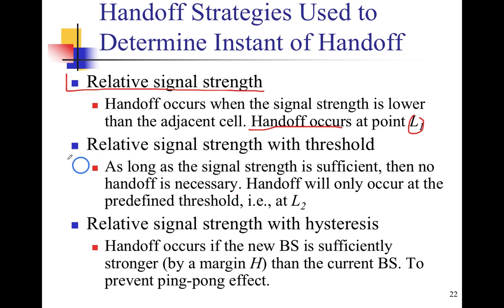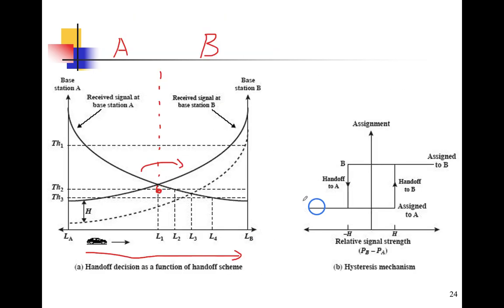But if using the second one, relative signal strength with threshold, as long as the signal strength is sufficient, no handoff is necessary. Handoff will only occur at the predefined threshold, i.e. at level L2. You can refer to this one; this is a certain threshold.